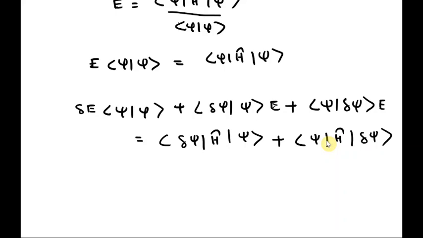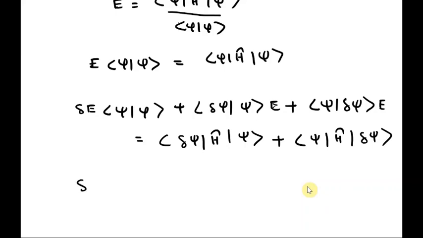Okay, now I can combine these two terms, because this E is just a number, so I can insert it in the middle to make an equivalent form. So I'll get <delta psi|H|psi>. Both of these terms have the same bra and same ket, so you can write them together, and in the same way you can write these two together. I'm keeping only this term on the LHS now.